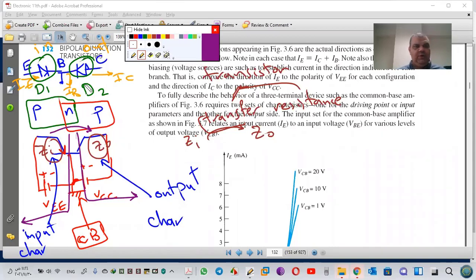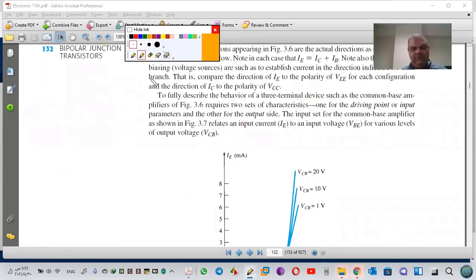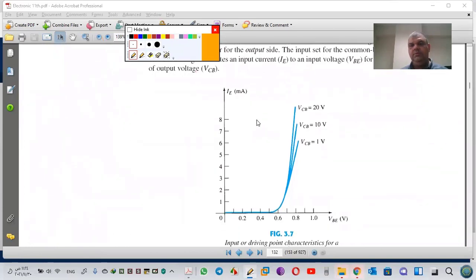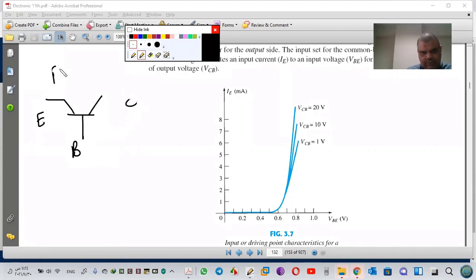So let's see this one. Here it is like a diode. Exactly correct. So if you see this model, I will draw the transistor again. This is the transistor: emitter, base, collector, P, N, P, this is the arrow.